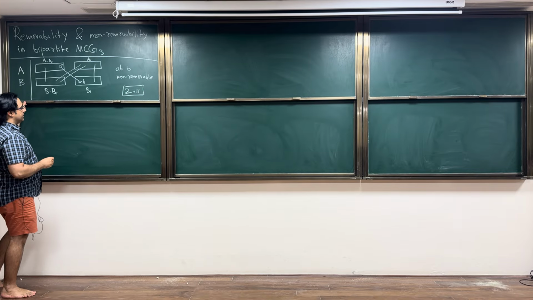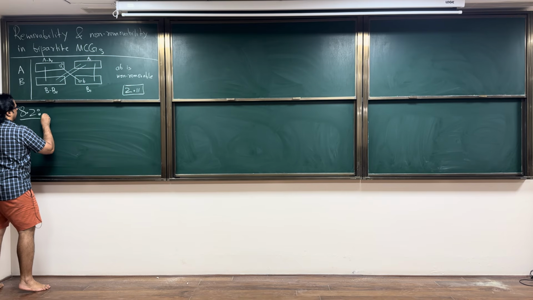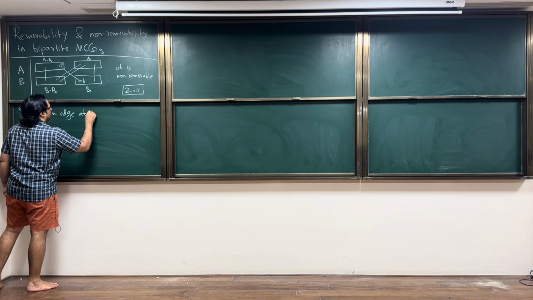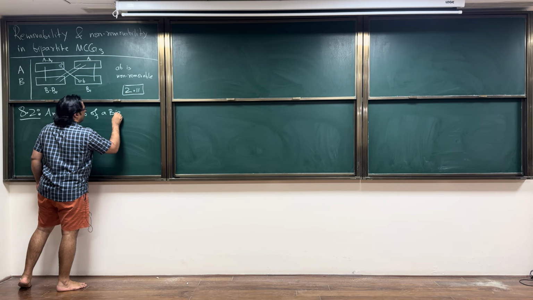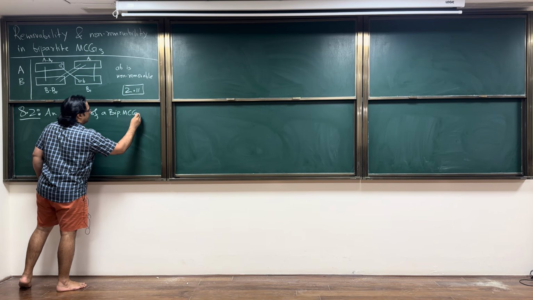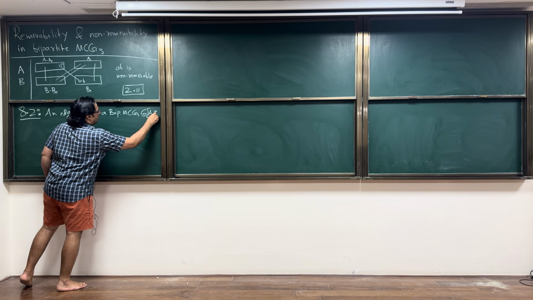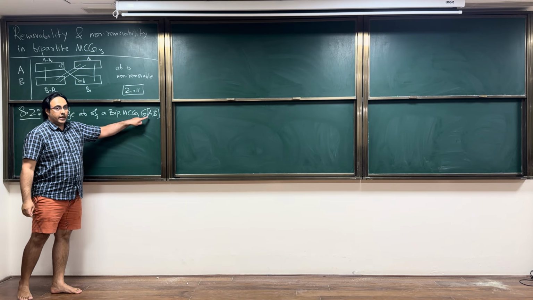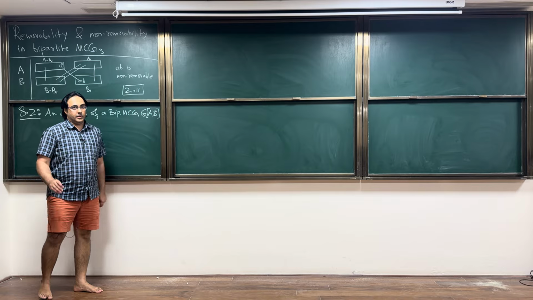So let's write this down. This is 8.2. An edge AB of a bipartite matching covered graph G. In general, when I use notation like this, it should be assumed that little a belongs to capital A, little b belongs to capital B. I won't write that.